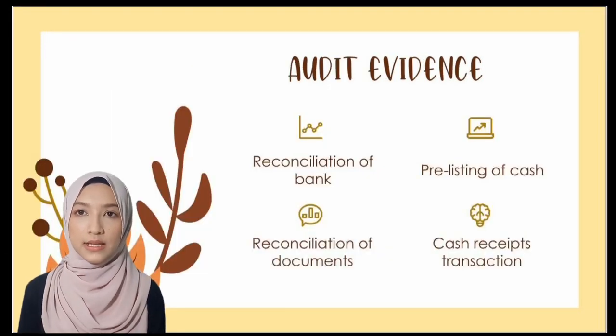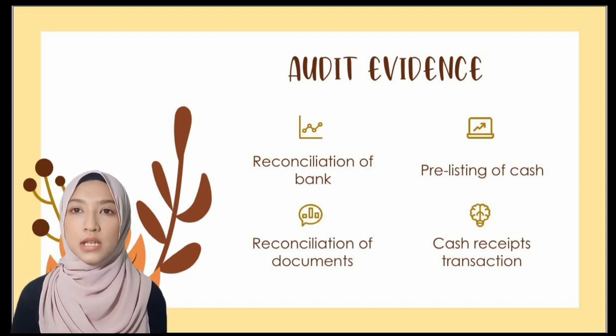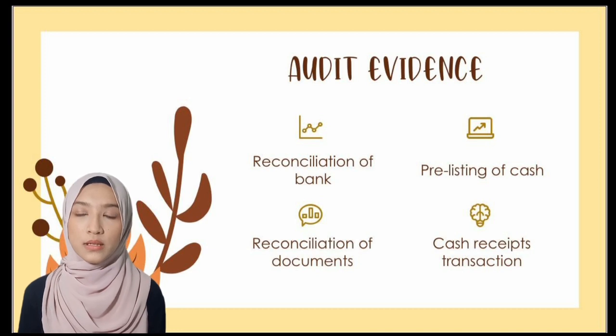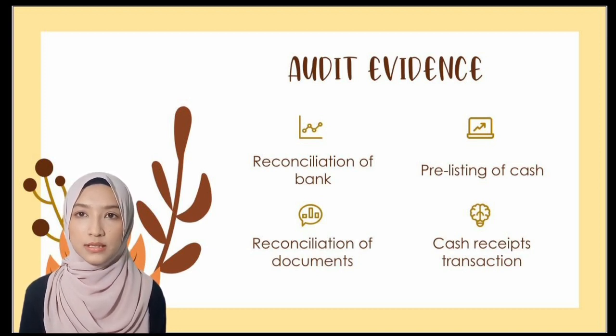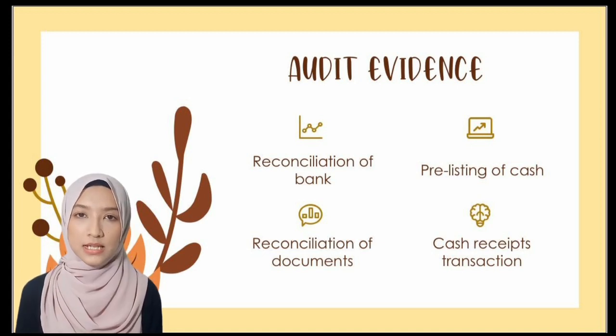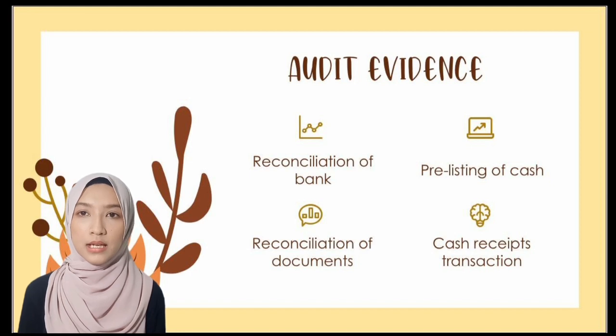There are 4 audit evidence in occurrence management assertion in sales and collection cycle for sales transaction. So the first one is reconciliation of bank. The second one is pre-listing of cash. The third one is reconciliation of documents. And the last one is cash receipt document.